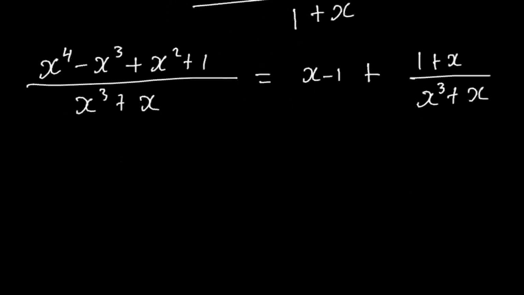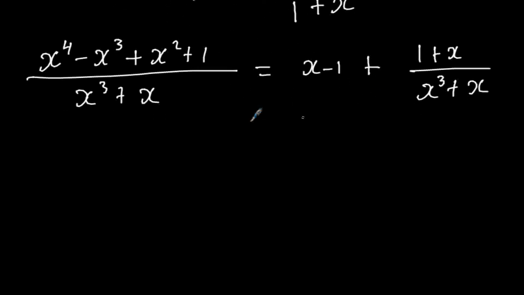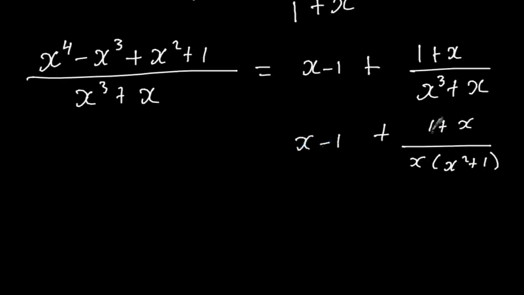Now, this is what we are supposed to integrate, but again, when you look at this fraction, it can be expressed as 1 plus x over x into x squared plus 1, which calls for partial fractions. So we're going to first express this to partial fractions before integrating.